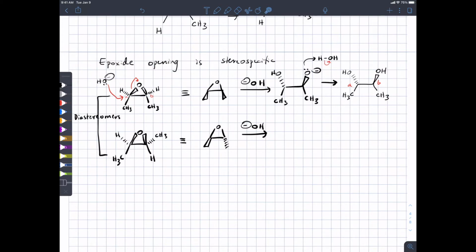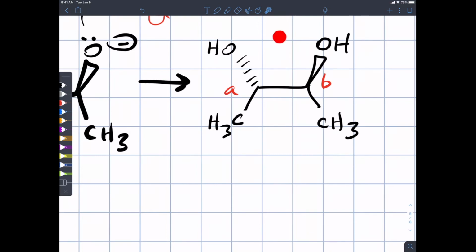By the way, is this product chiral? Can you make it the same as its mirror image? Well, the epoxide that started it was a meso compound, but this one is not. Notice if you try to make the plane of symmetry, this one's up and this one's down, so that doesn't work. So this is a chiral product.